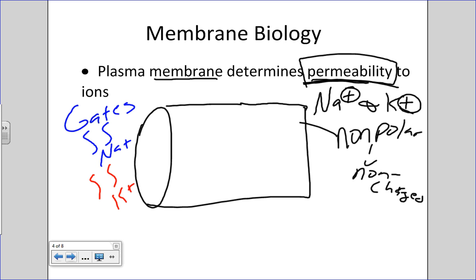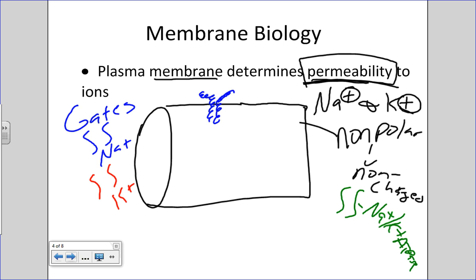There are also pumps involved with this, and we'll use green to represent that. That's going to be what's called the sodium-potassium pump. I'll talk more about that in a little bit. So remember gates: what these gates are, essentially, is proteins.